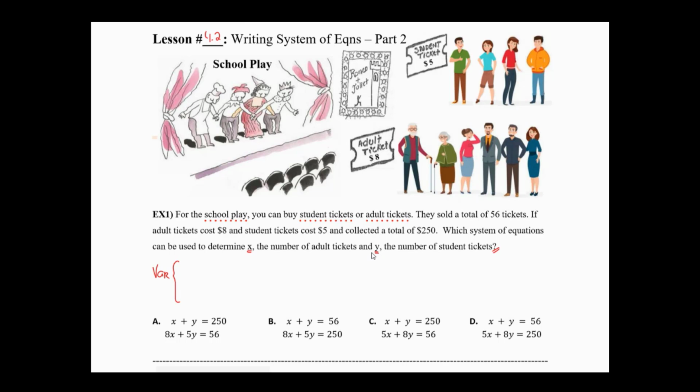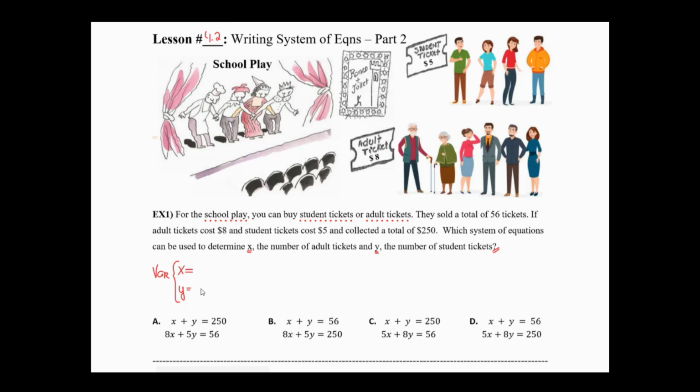I haven't even read the problem yet, but I already identified what the variables are, because right there the question says, which system of equations can be used to determine X, the number of adult tickets, and Y, the number of student tickets? So I can even write my variables because they're given to me.